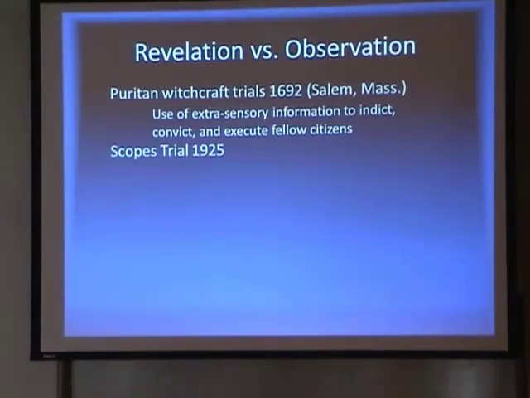We have some of our own contributions here. The Puritan witch trials. The key there is whether or not we should be able to use extrasensory information to indict, convict, and execute people, which may strike you as being a bit primitive now. I mean, we did that. We killed 17 people in this particular witch hunt.